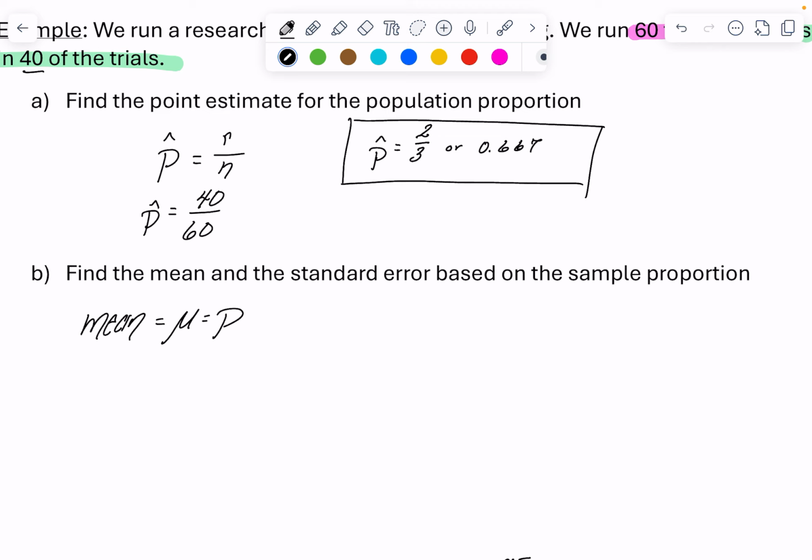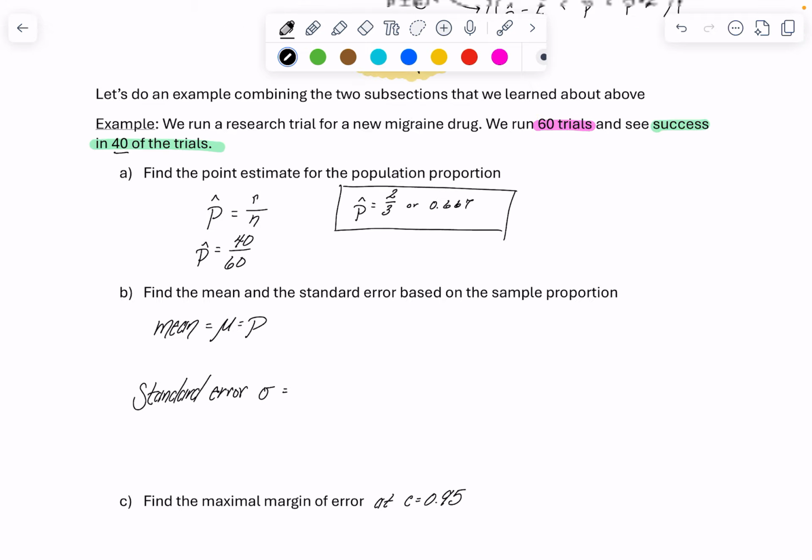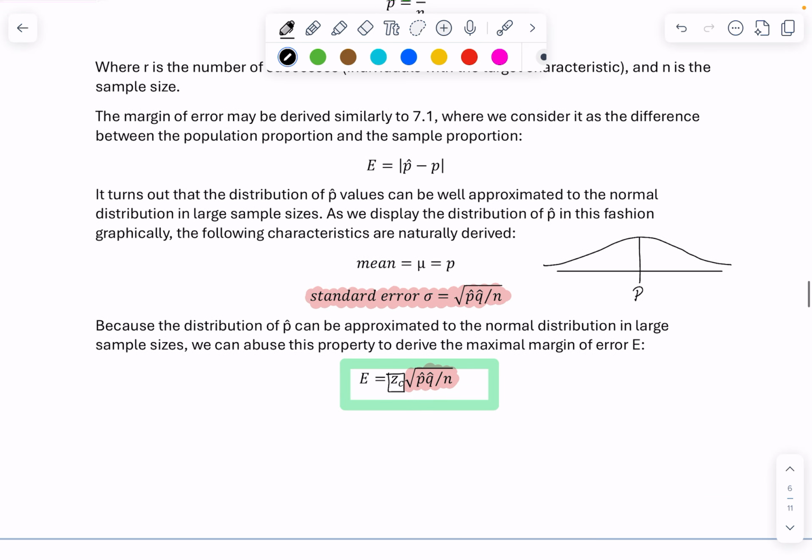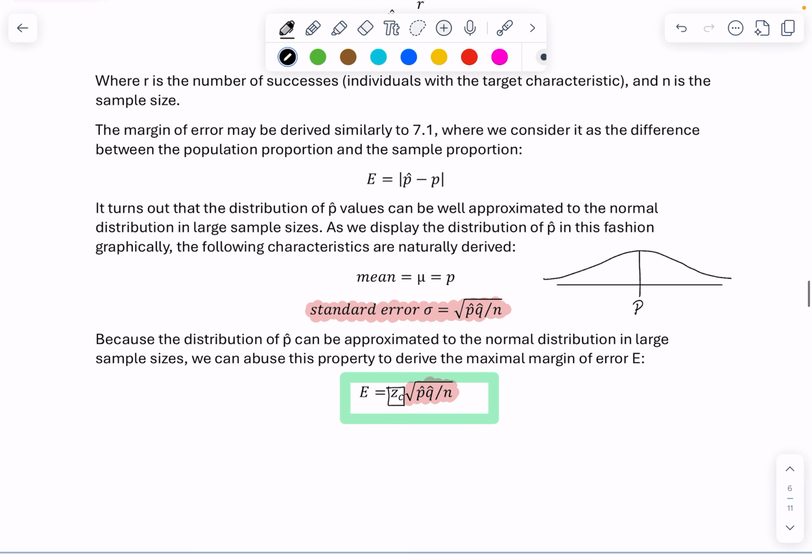And then that standard deviation, or that standard error, is going to be equivalent to that equation above as well. Okay? The square root of p hat q hat divided by n.